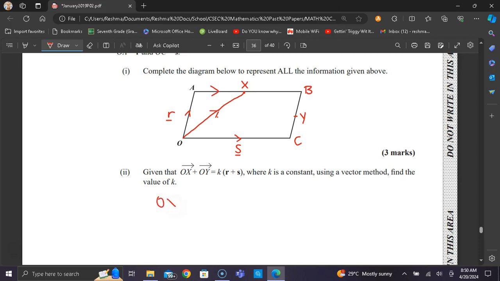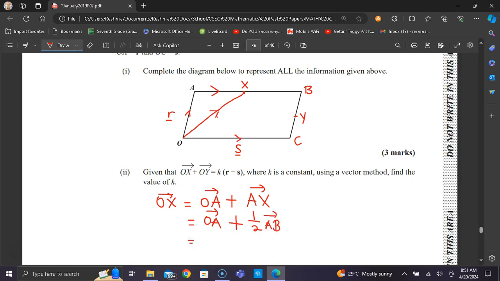Alright, so let's write down a statement for vector OX. So OX is equal to OA plus AX. Alright, so we know that AX is a half of AB.